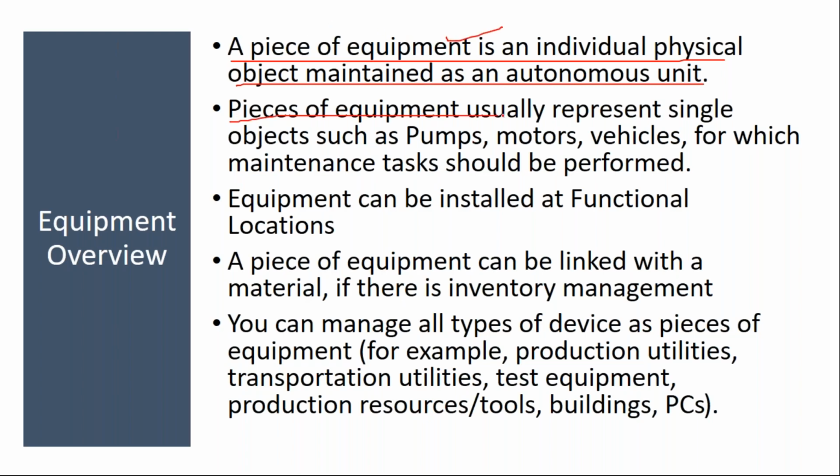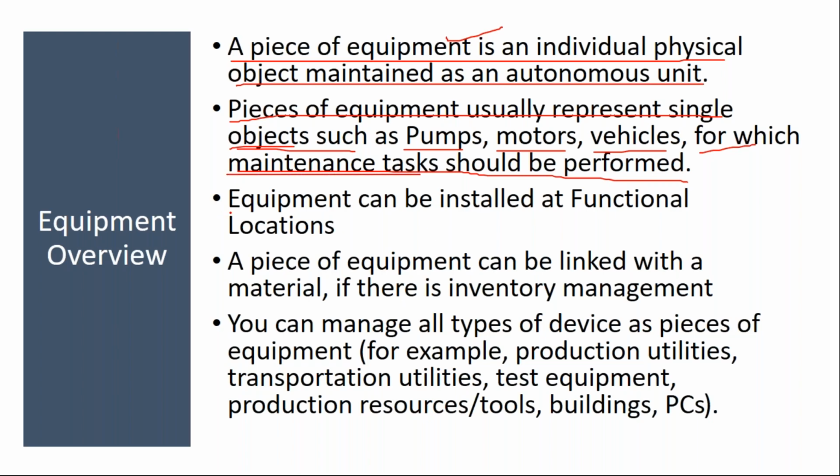Pieces of equipment usually represent single objects such as pumps, motors, vehicles for which maintenance tasks should be performed. So equipment can be pumps, motors, diesel generators, even vehicles. In the manufacturing industries they will use some trucks, buses, vehicles. All these are termed as equipment. Equipment is basically an object for which you will do some maintenance tasks.